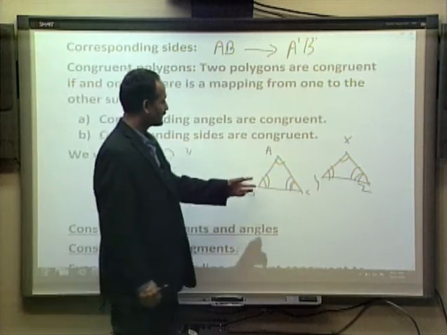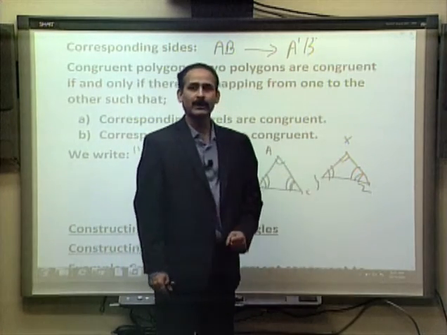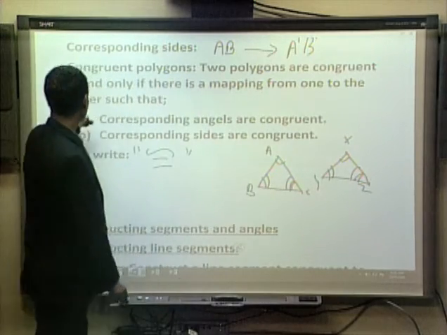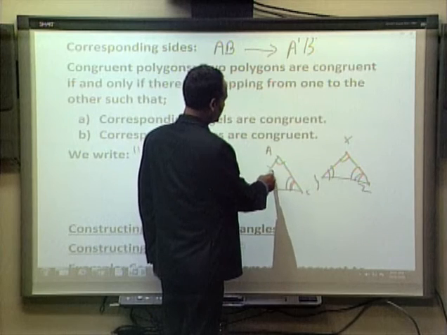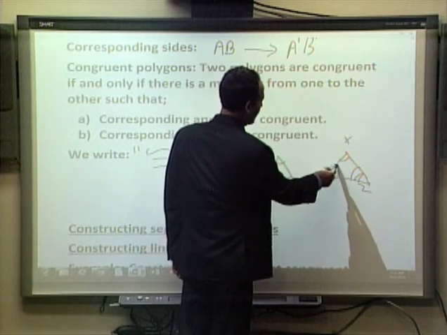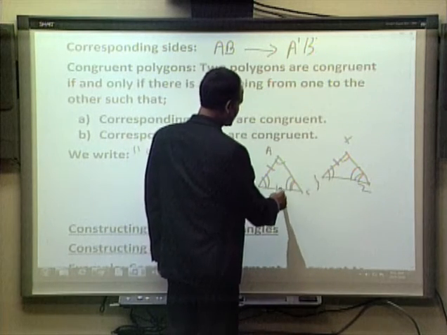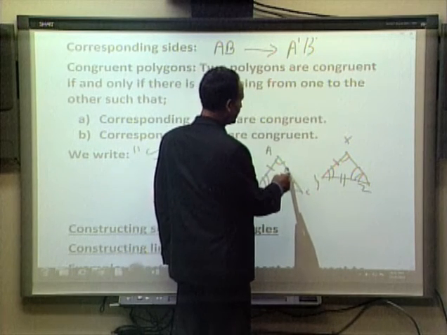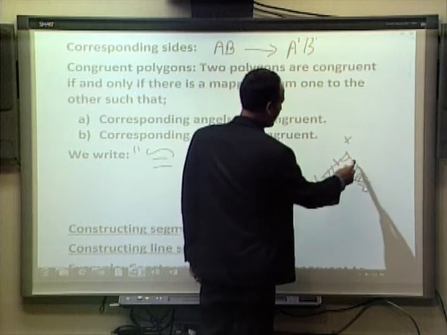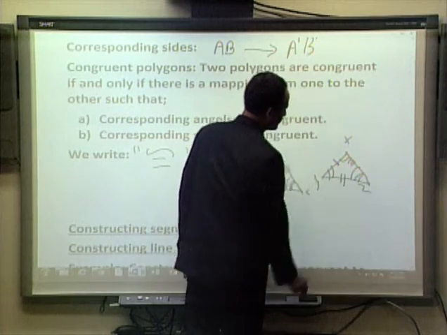So, the angles of this triangle are congruent to angles of that triangle. So, the first criterion is satisfied, and furthermore, suppose this side AB is the same as XY, and let us say the side BC is the same as YZ and side AC is the same as XZ.